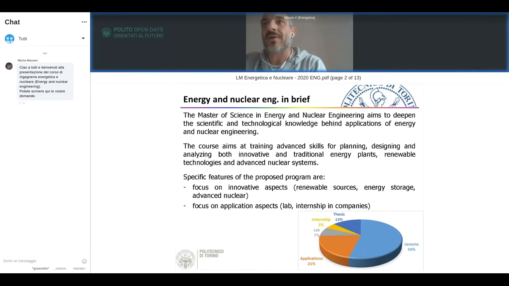One is on renewable energy. One is more related with design and management of energy plants. And the third one is related with nuclear energy.